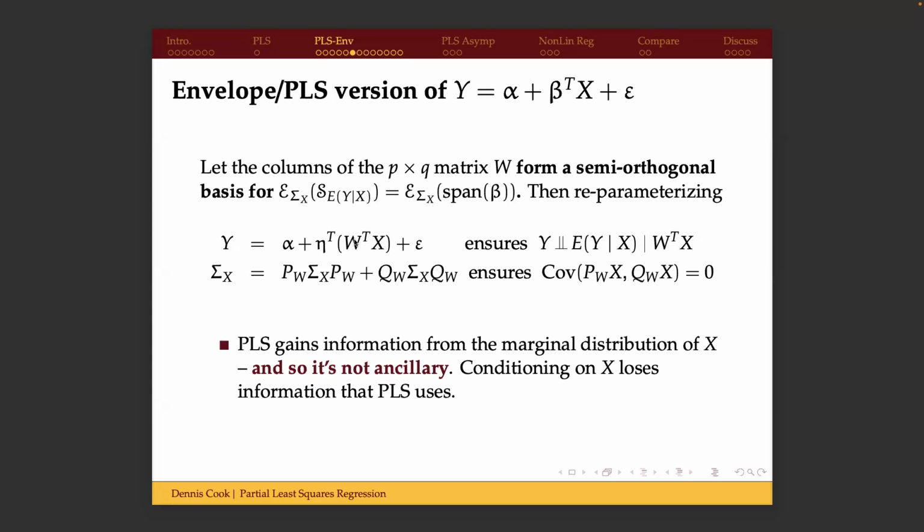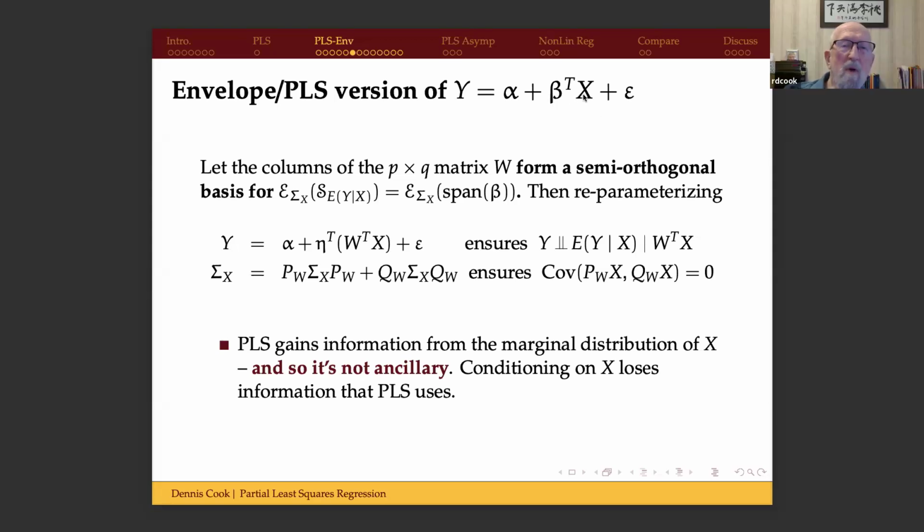Why is linearity preserved on the W transpose x scale? When we start with this model, this is the starting point. If I take the expected value of y given W transpose x, I get alpha plus beta transpose the expected value of x given W transpose x plus the mean of epsilon.